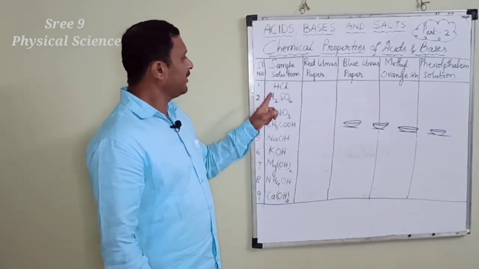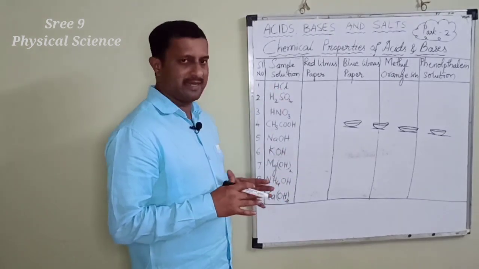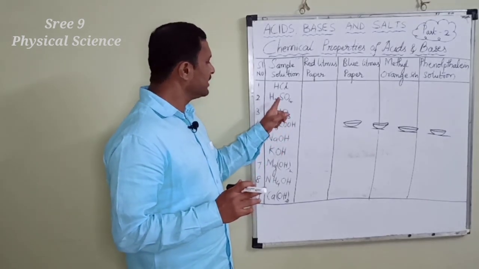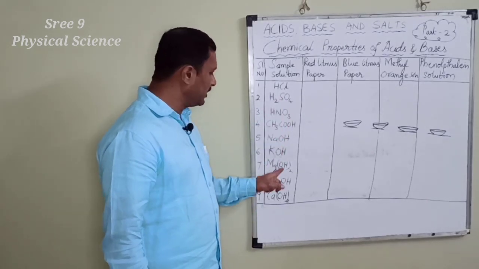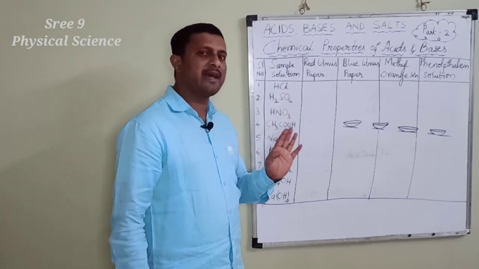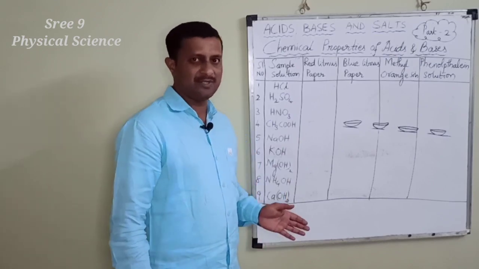Now here we have to make dilute solution of HCl. Here we are taking HCl as sample. All these are sample solutions, but instead of checking all these acids, from acids we are taking one acid sample solution. From bases we are going to take one basic sample solution, right?